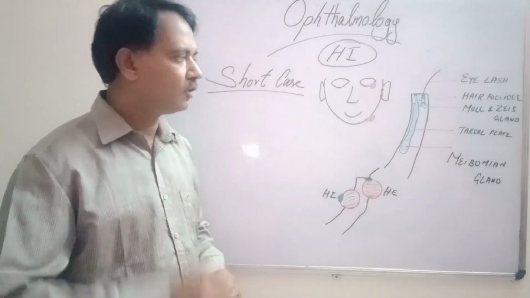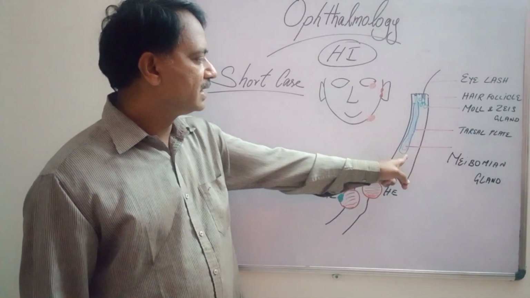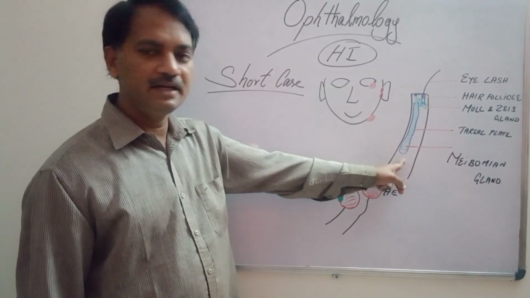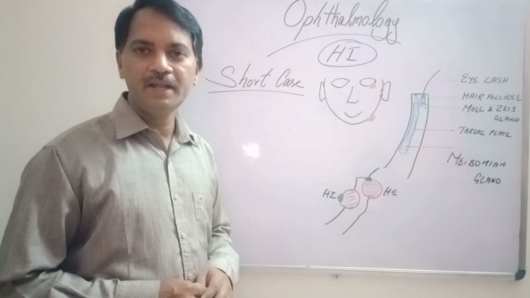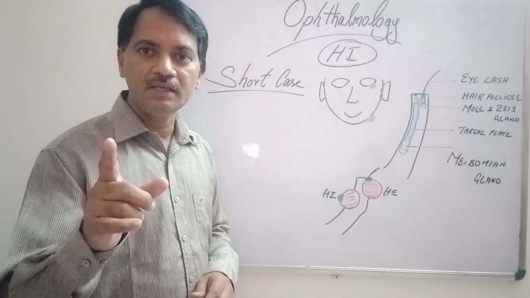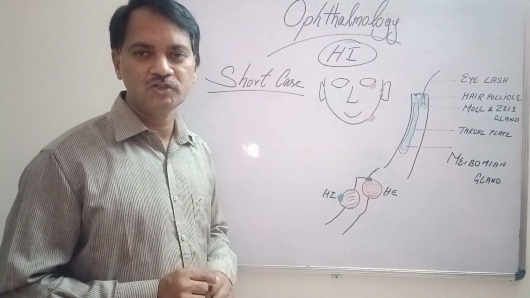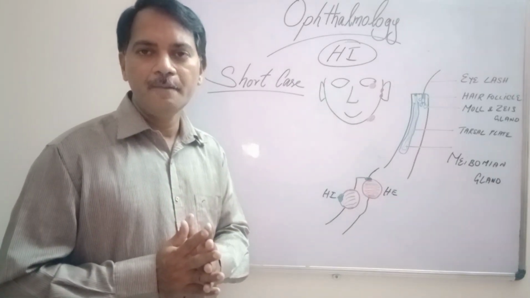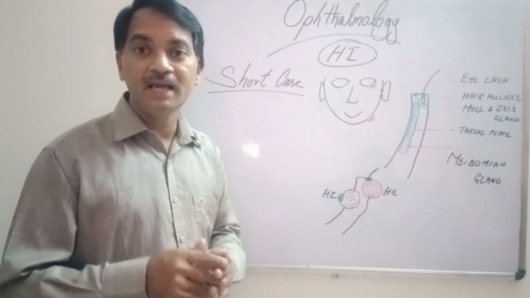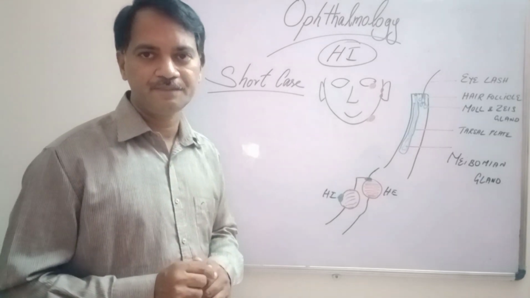As all of us know, the meibomian gland is situated inside the tarsal plate. The tarsal plate does not go up to the lid margin. So naturally, any inflammatory swelling in the meibomian gland will be away from the lid margin.